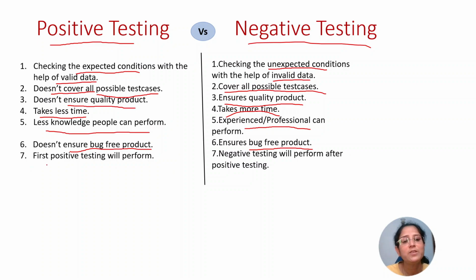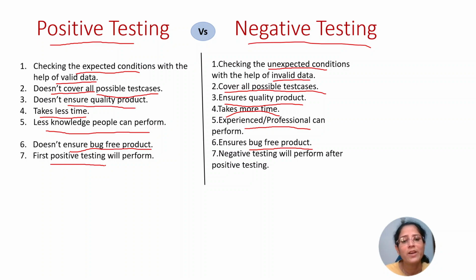And the last difference is, whenever an application comes to testing, first we'll be doing positive testing. Because whenever we deliver the application to the end user, the customers will not test the application randomly. They will use the application as per their requirement, whatever they need.